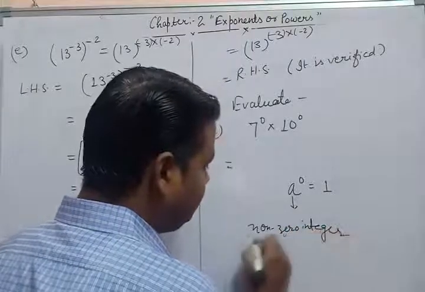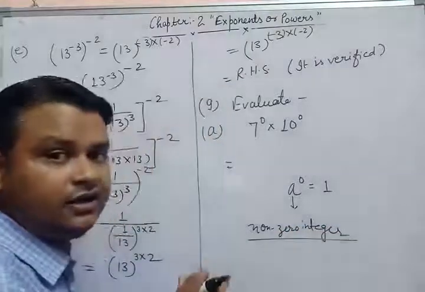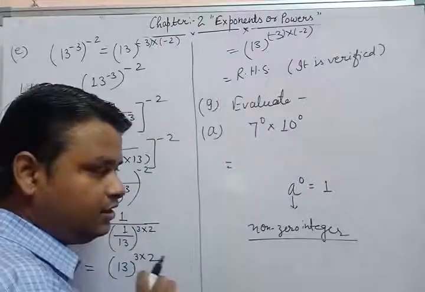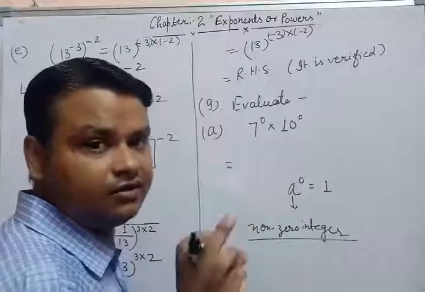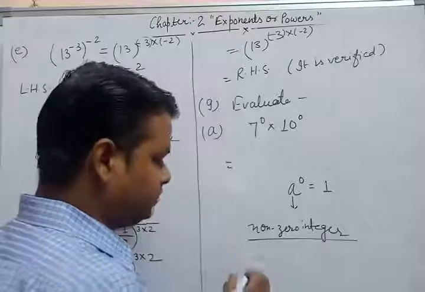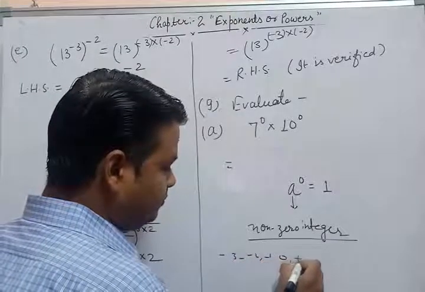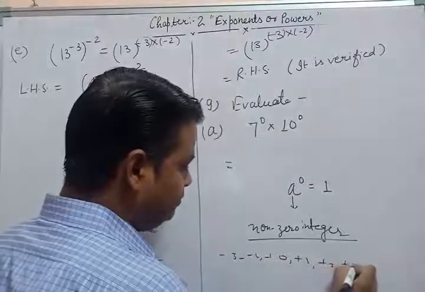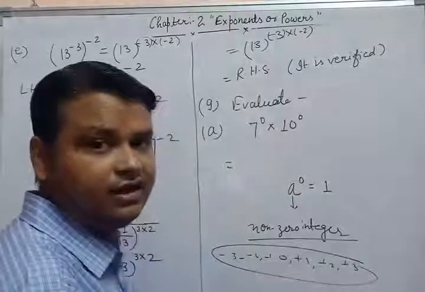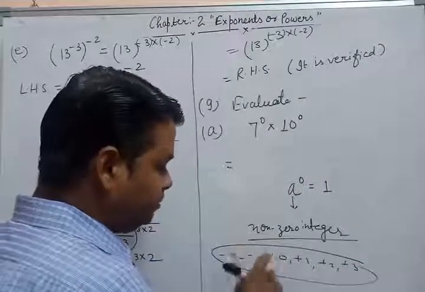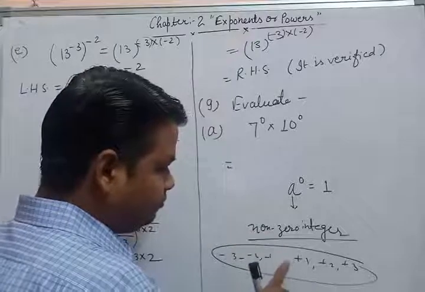Non-zero integer means all the positive and negative integers except 0, because minus 3, minus 2, minus 1, 0, plus 1, plus 2, plus 3 are integers, and for non-zero integers you have to remove 0.